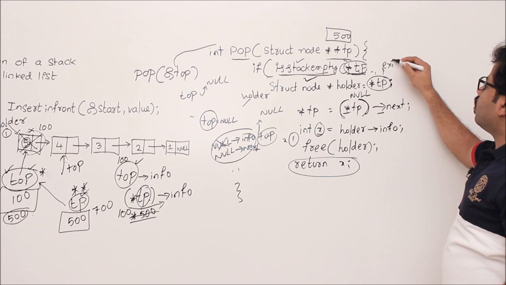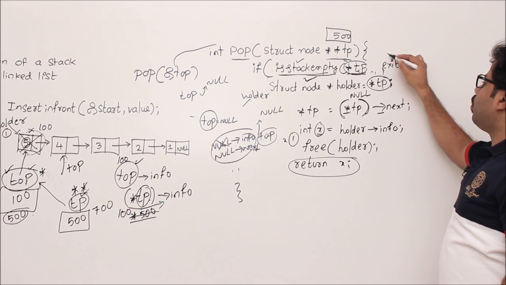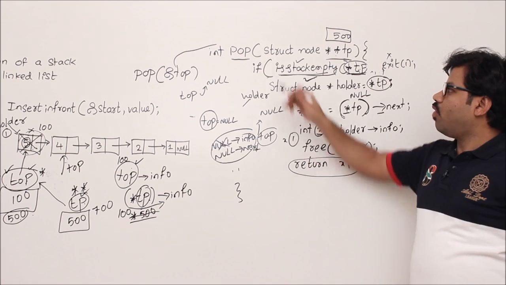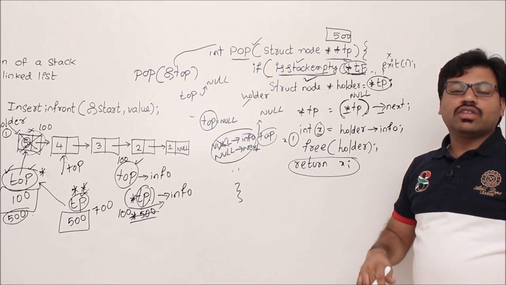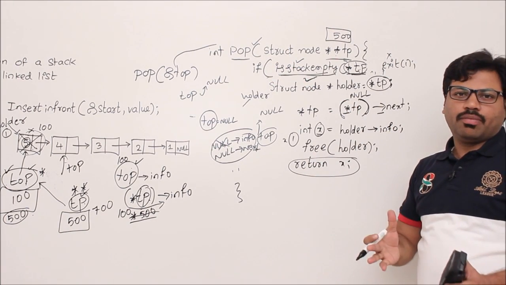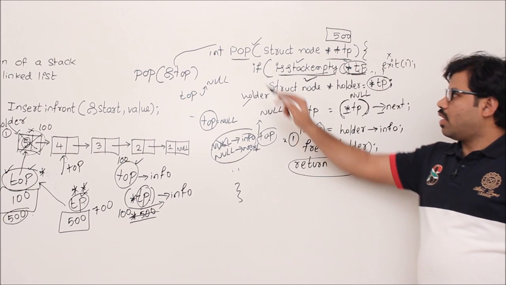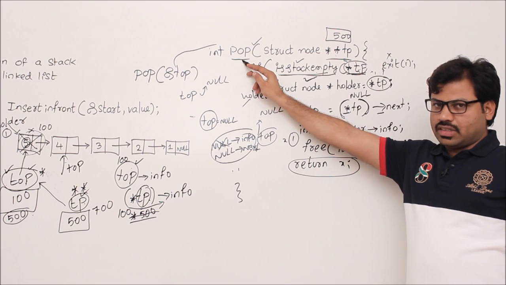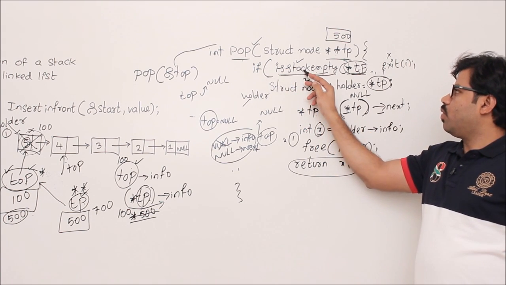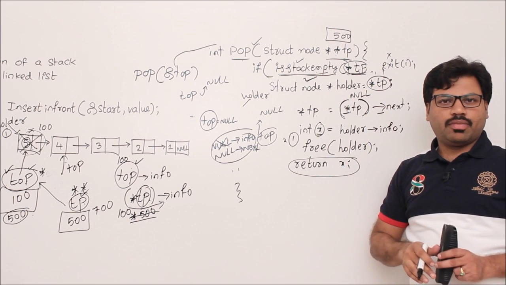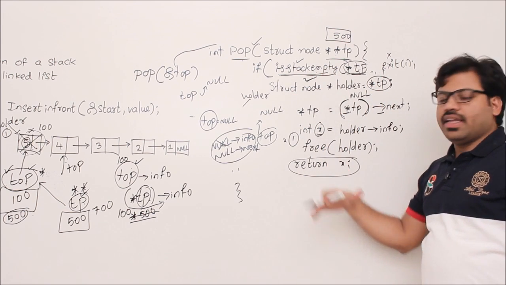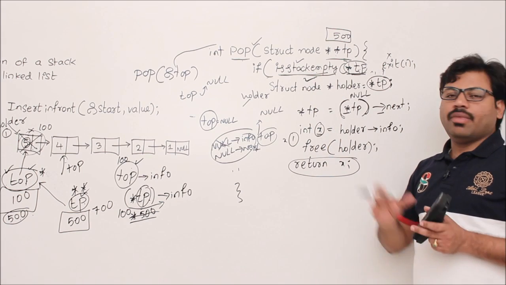Then exit. Close the program. Why? When the stack is empty, why are you calling pop? Correct? So that means there is a problem with the program. Understand? From now onwards, if someone calls pop when the stack is empty, this will become true and we exit the program. Otherwise, happily we do the remaining things. In that way, we can implement pop.